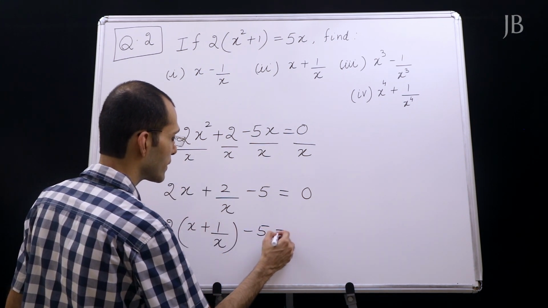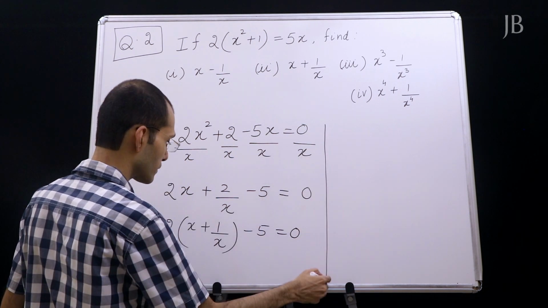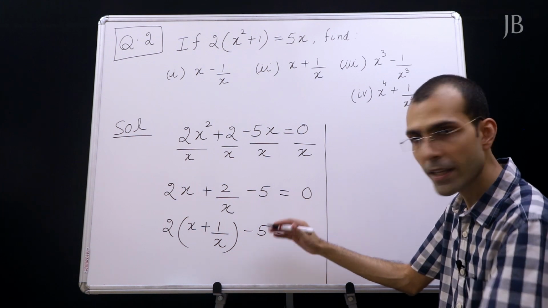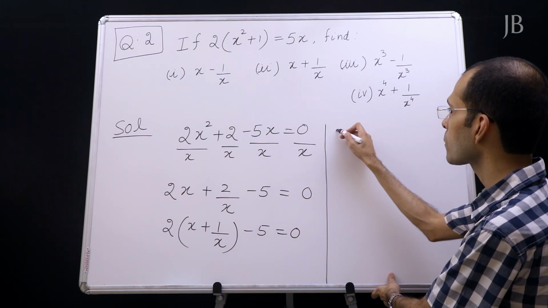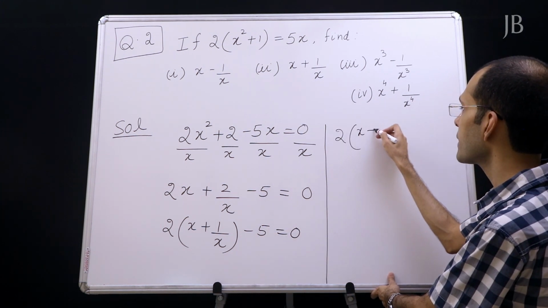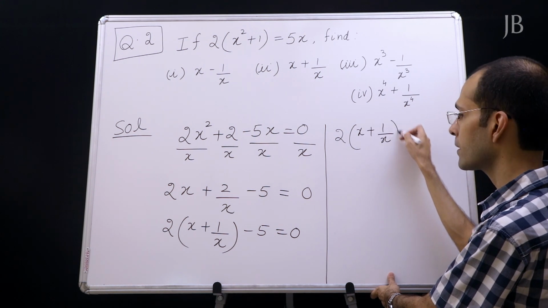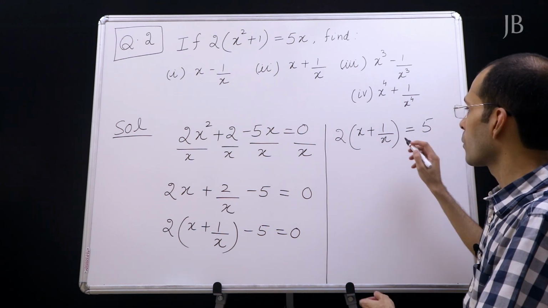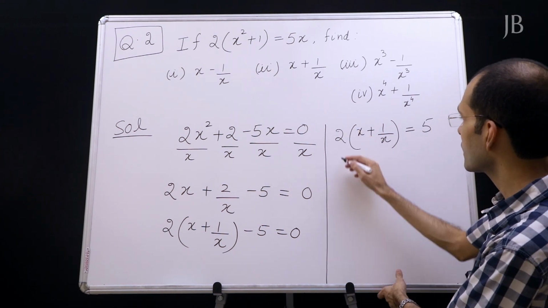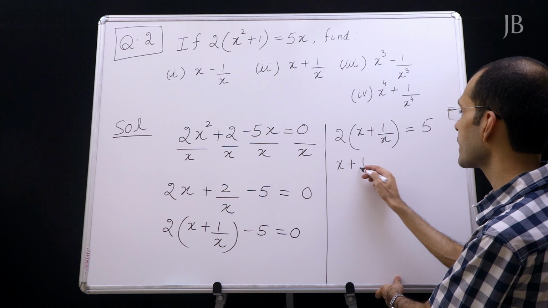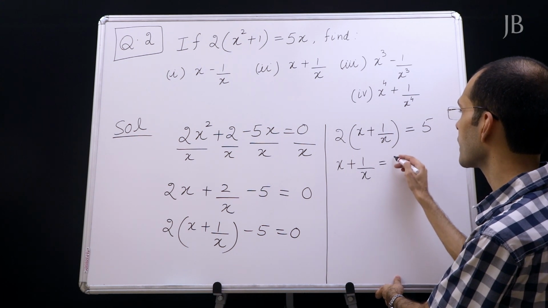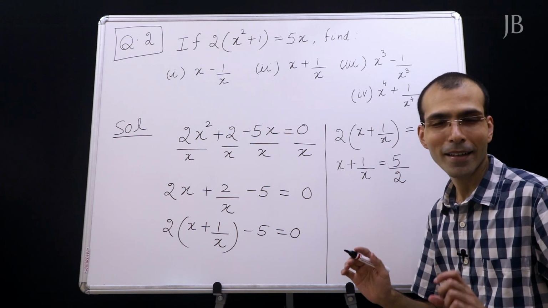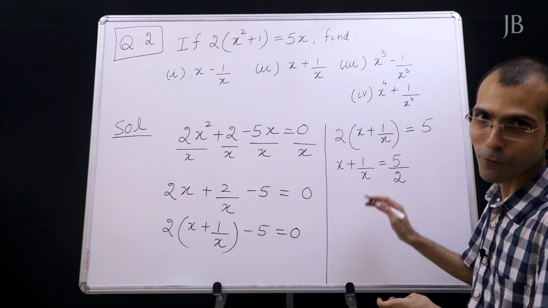Minus 5 is equaling 0. So now we will take minus 5 on that side. So twice of x plus 1 upon x is equaling 5. From this we will extract x plus 1 upon x, that is 5 upon 2. Right, now the sum comes in the familiar form.